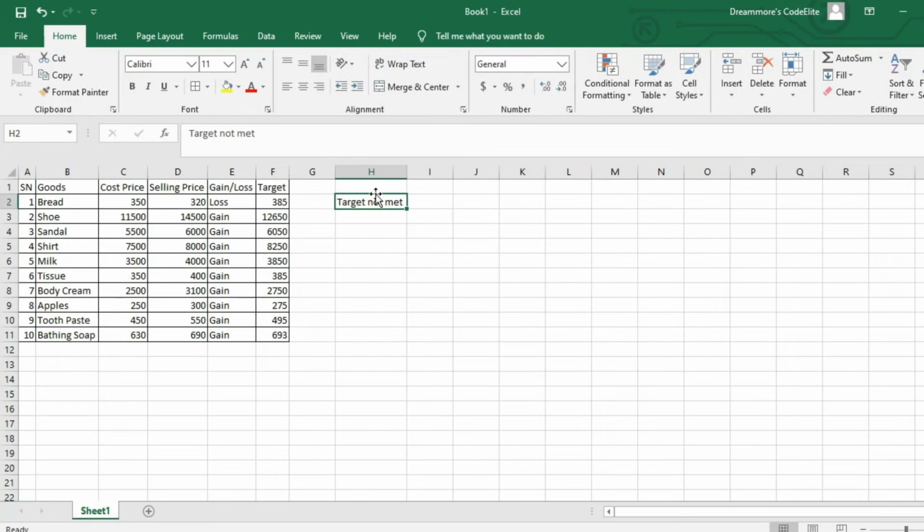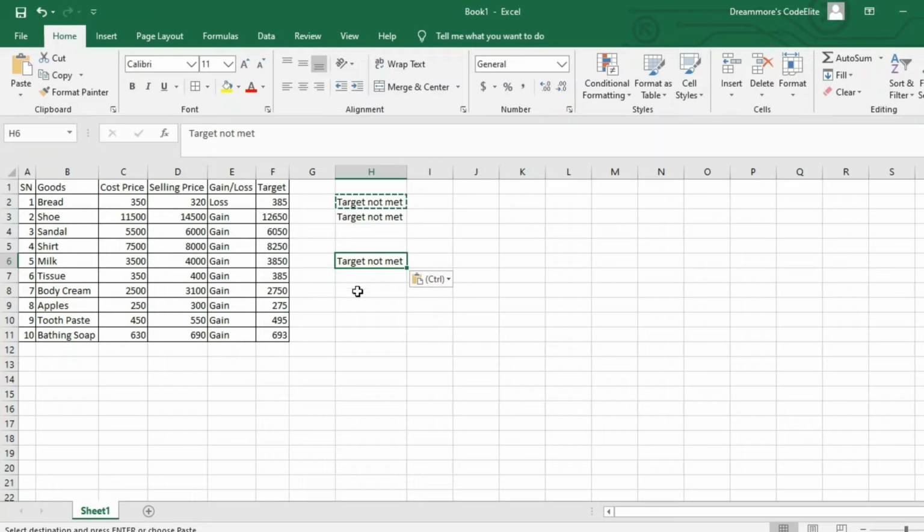Not met. So let's do all of the target not met. I'll just double click on that and copy this, so I won't be typing over and over again. The target for this one is also not met. The target of this one was met, so I'll skip. The target of this one was met, I'll skip. The target of this one was not met. The target of this one was met.